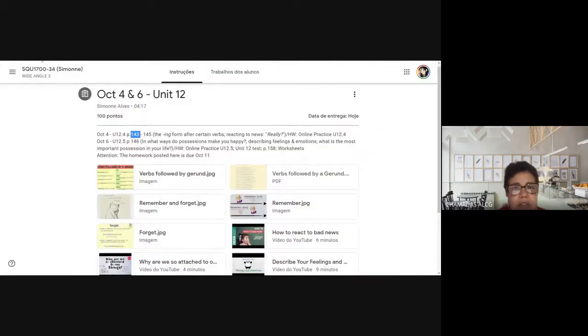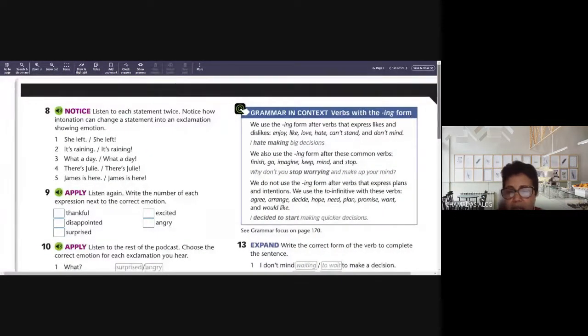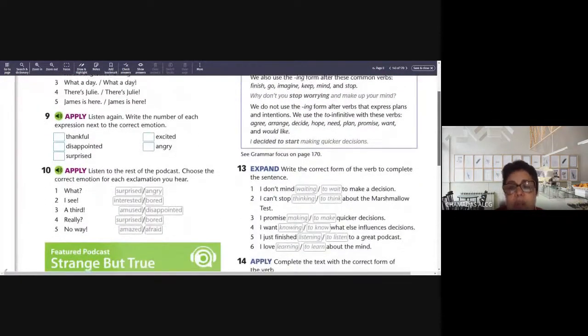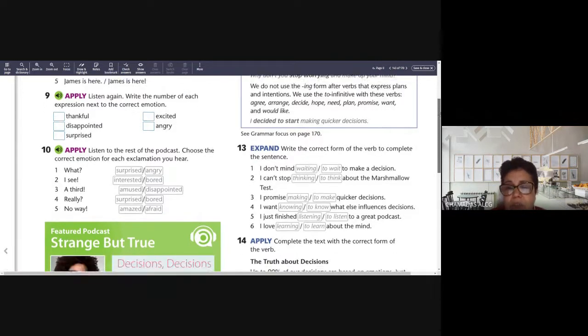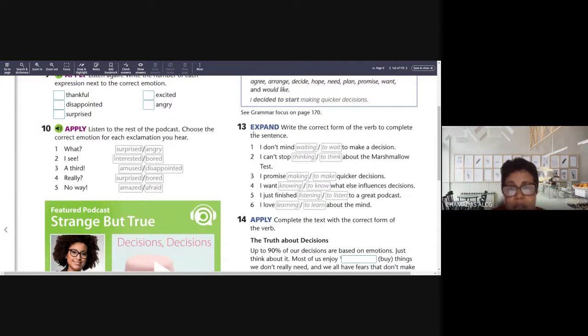Okie dokie. So back to our book. Let me share that. If you want to see more about it, you can always refer to page 170, which is the grammar reference. Okay, so let's do the first exercise, number 13.